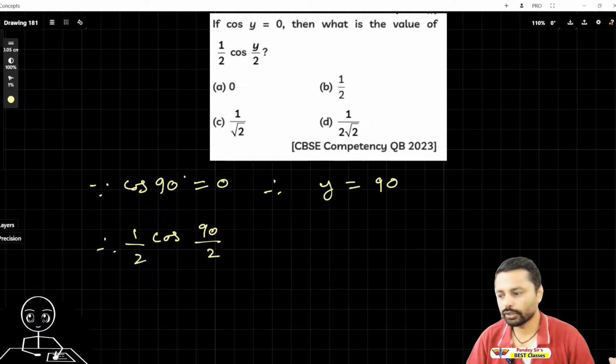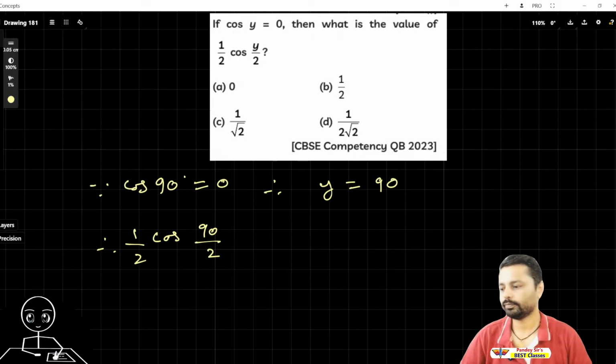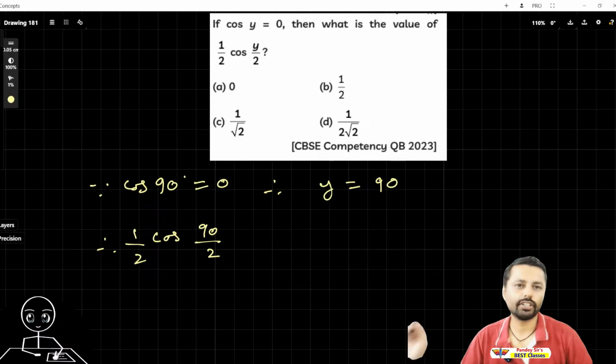Okay, fine. What about this one? So I am giving you people again a few seconds. Let's see who can tell it faster. What is cos 45? 1 by 2, 0, 1 by 2, 1 by root 2.